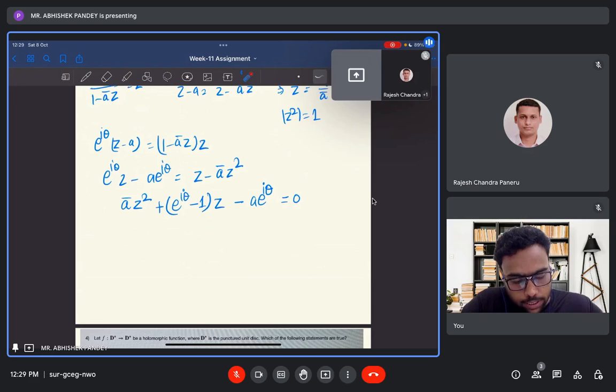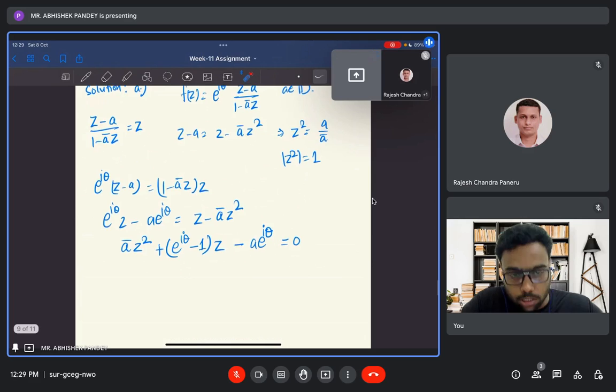So in this case there exists a fixed point of f. You have to choose e to the power i theta suitably so that it is not equal to 1, because if it is 1, this equation doesn't have any solution in the unit disk. So choose e to the power i theta not equal to 1 to construct an example.